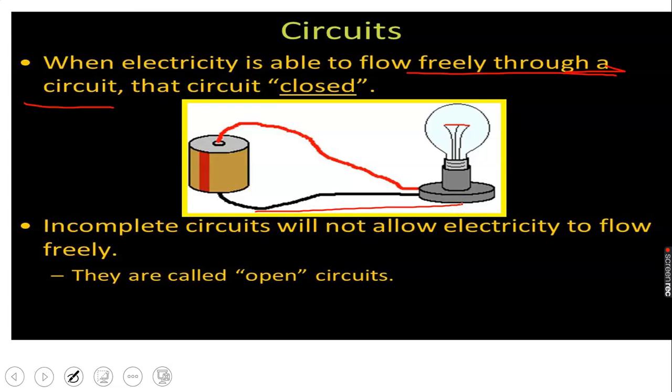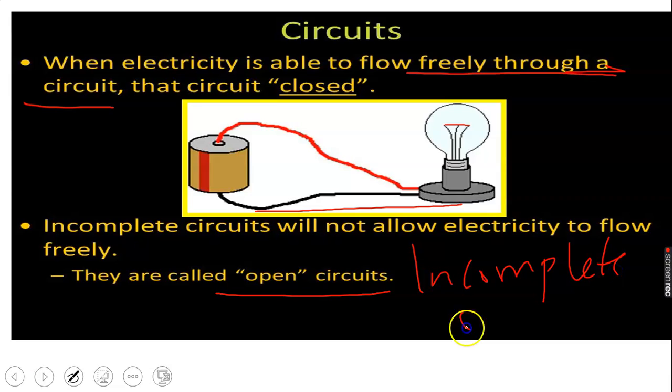But when electricity is not allowed to flow freely, it's an incomplete circuit, and we call it an open circuit. So an open circuit is an incomplete circuit, because electricity is not allowed to flow freely.